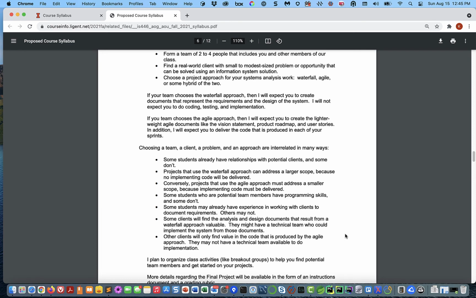So I respect the fact that there's reticence and doubt, but I've done this with large numbers of students since maybe 2010. So that's 10 years, and it always comes together. But don't be surprised if you're a little bit worried about that right now. We'll get you past that.